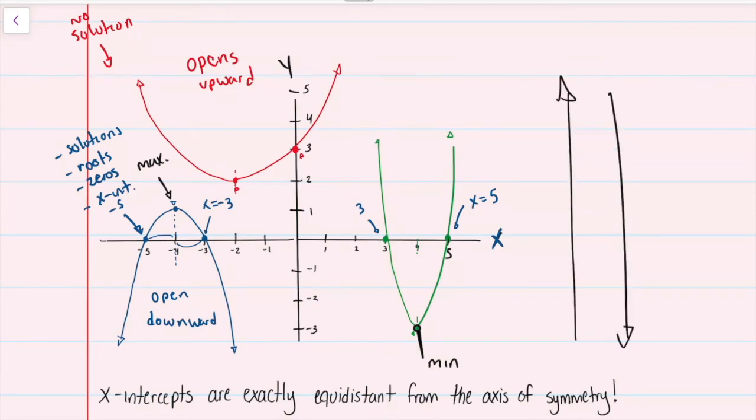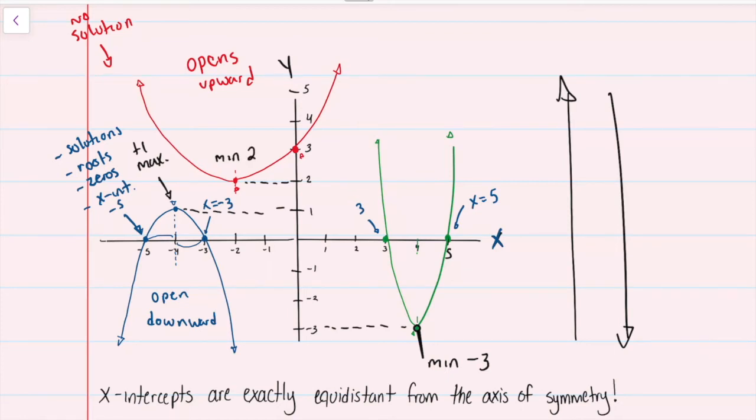In this case, my minimum is, look at the y, -3. Over here, my maximum is +1. Now, what about the red one? What do you think the red is going to have? You guessed it. This is a minimum because it's going down and then up. Therefore, that's a minimum, but a minimum of +2.